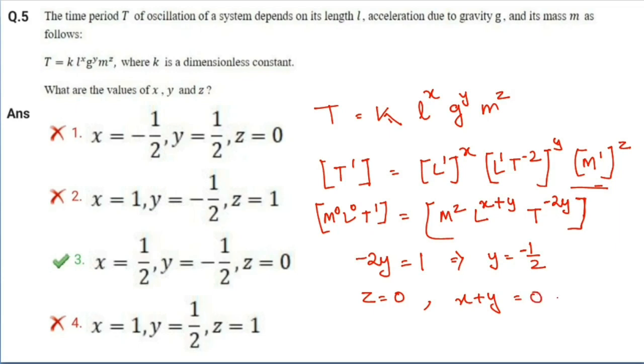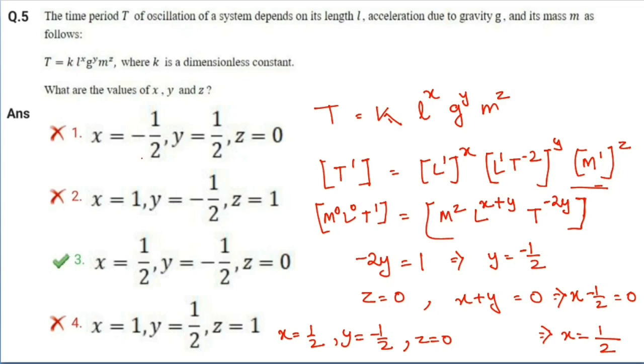Then for the power of L, x plus y is equal to 0. But we have the value of y, so we can write x minus 1 by 2 is equal to 0. That implies x is equal to 1 by 2. So here we get x is equal to 1 by 2, y is equal to minus 1 by 2, and z is equal to 0.